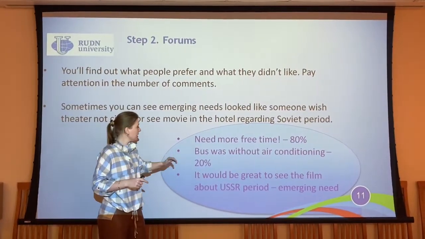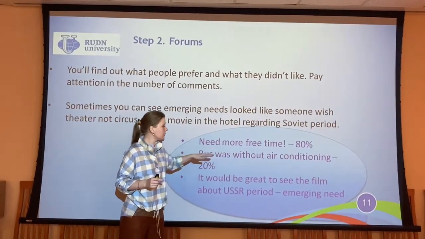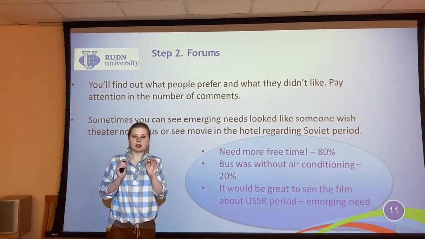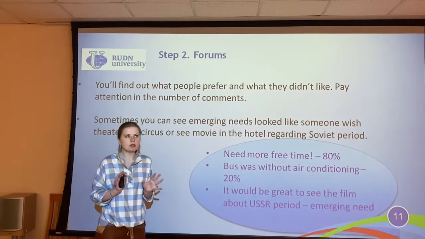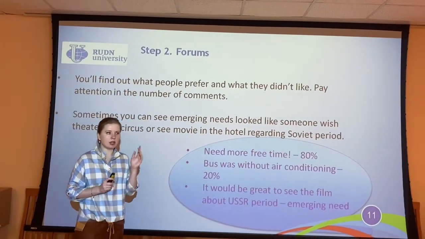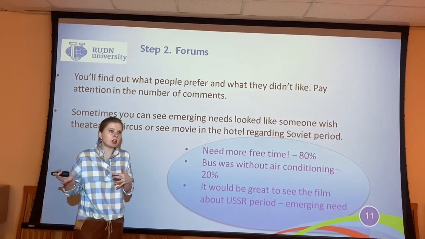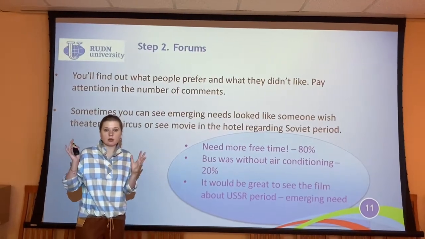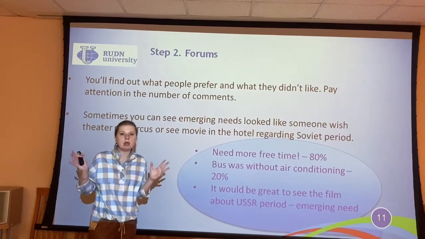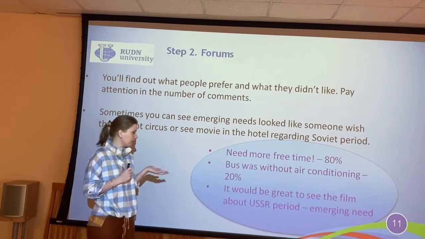And next, 20% of the people need air conditioning in the bus. So we need the percentage. It's very important because one time we can have 1% of 100, and the next time 80% of 100. It's very important to know how many people want or don't want this or that thing.